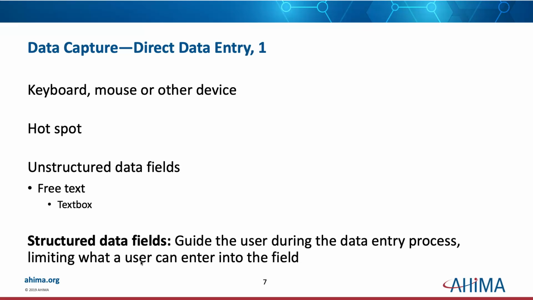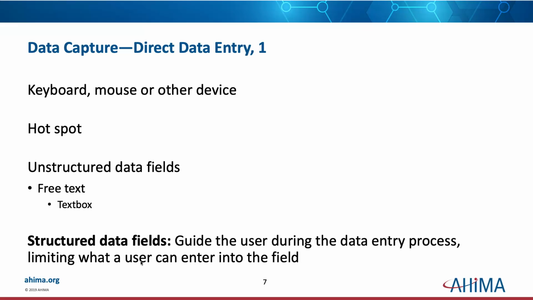So let's talk about data capture. It comes from direct entry: keyboard, mouse, or other device, a hotspot. It can have unstructured data fields, meaning that it can be free text. And when you have free text, you're going to have spelling errors.